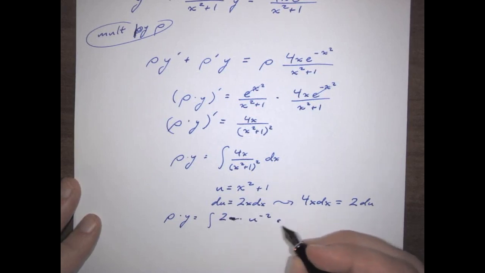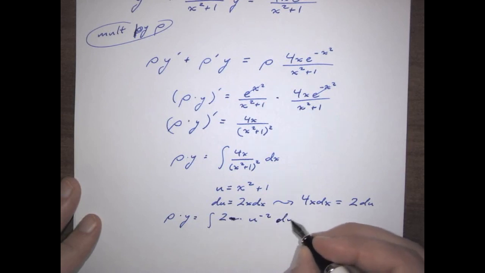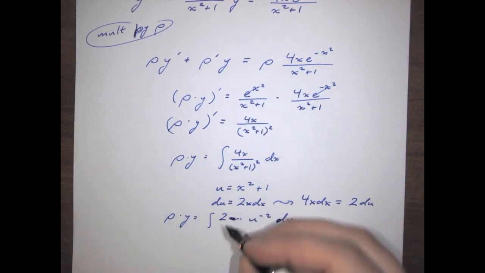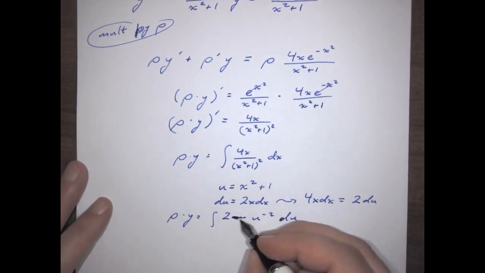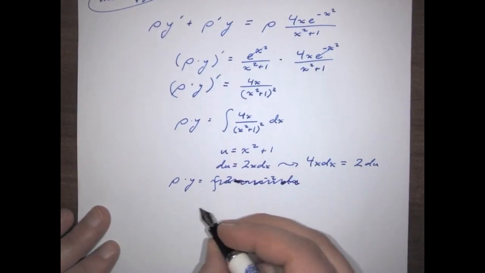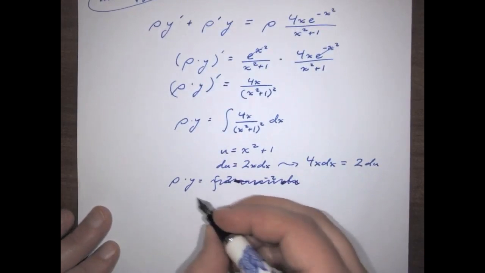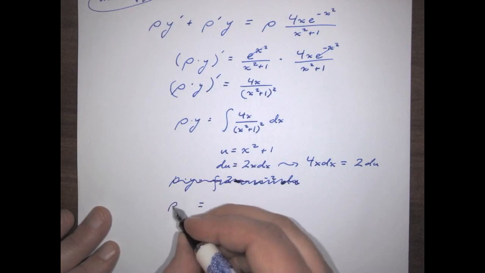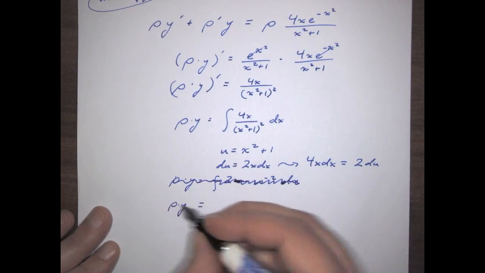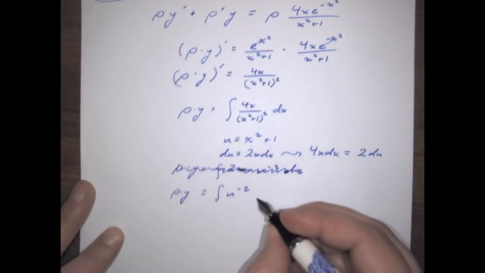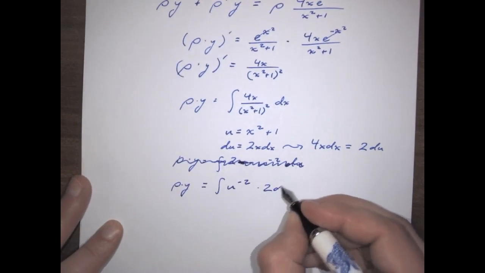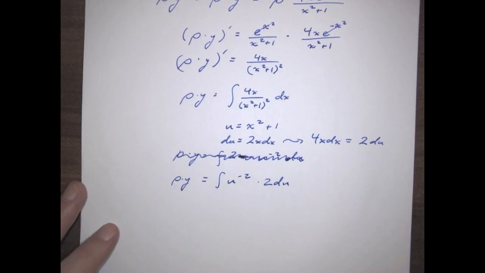I should say just 2 u to the negative 2 du. Let's take that from the top. Rho y is equal to the integral of u to the negative 2 times 2 du. There. That's what I meant to say.